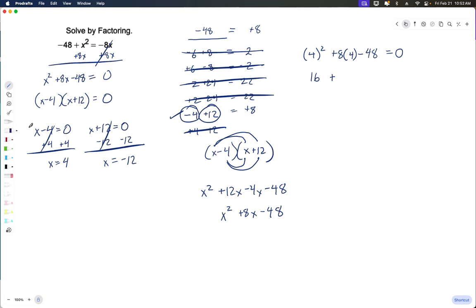That's 32. So 16 plus 32, those are both positive, so we combine them. That's 48 minus 48 equals 0. 0 equals 0, so that one is correct. So now I do negative 12.